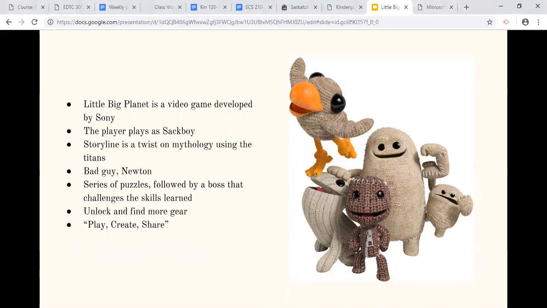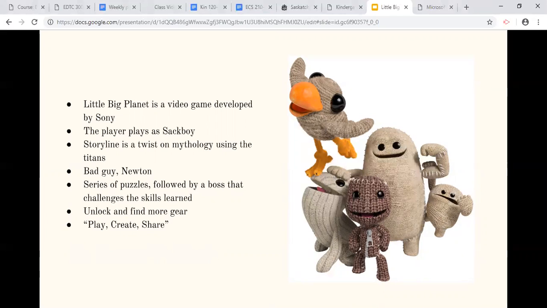The storyline is really Sack Boy, who you're introduced to at the beginning, and you instantly meet Newton. Newton is a light bulb. He's kind of like the bad guy. He convinces you to break into an old lady's house so that you can find the jar in which the Titans are contained.